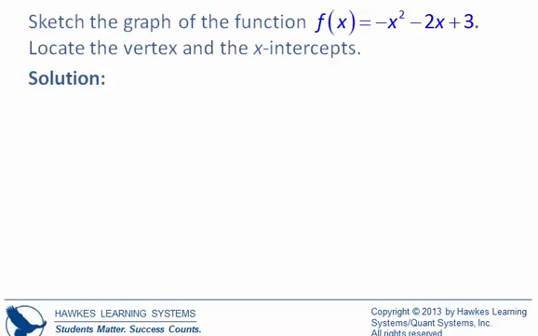So right now, as I look at this, I note that the a value, the number sitting in front of the x squared, is a negative 1. And since that is a negative number, then I know that my parabola should open down. If it had been a positive number, it would have opened up.